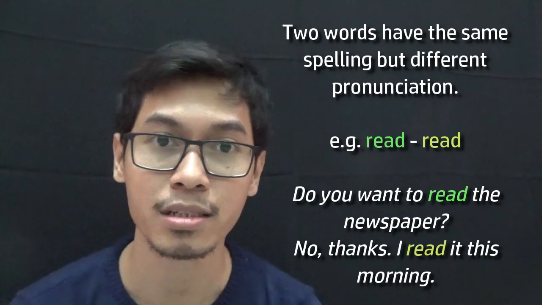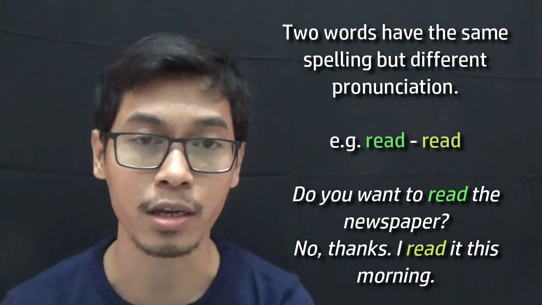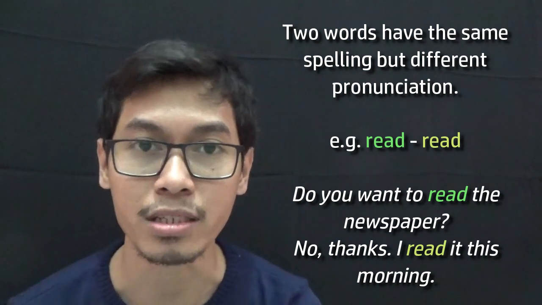In English, we can also find words that have the same spelling but different pronunciation. For example, the word read. The word read in the present tense is pronounced with the long E sound, read.